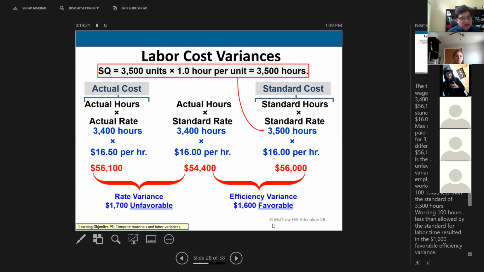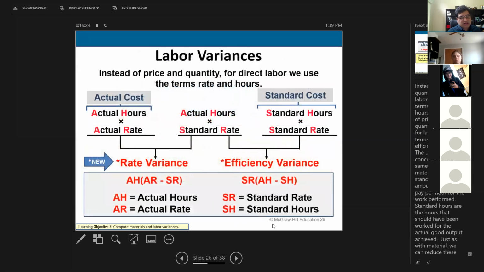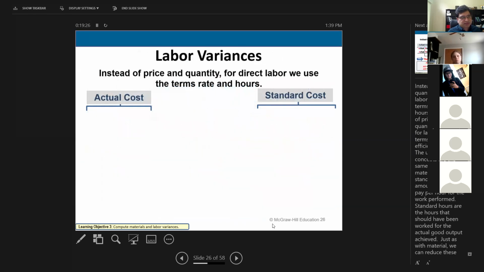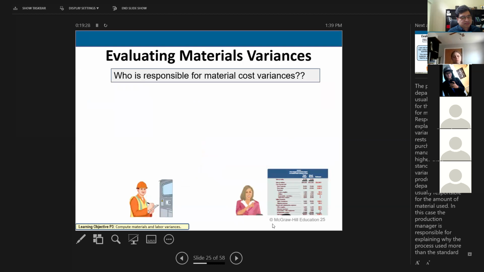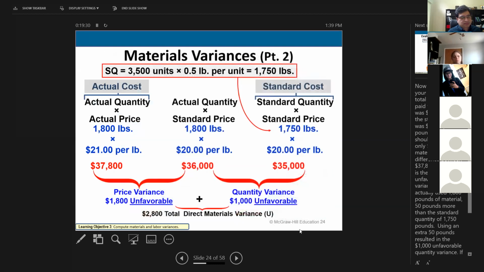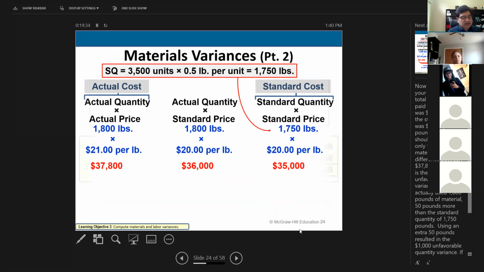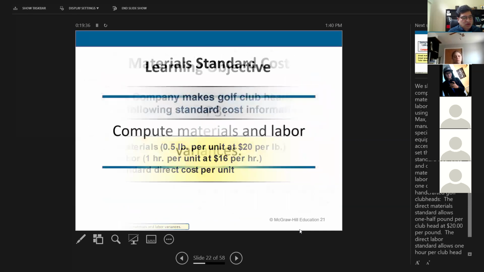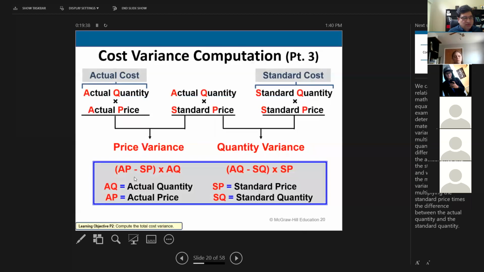Any question on this or this? Again, as I said, make sure you write down the formulas and fill in the numbers. That's it, guys. There are just two formulas here.